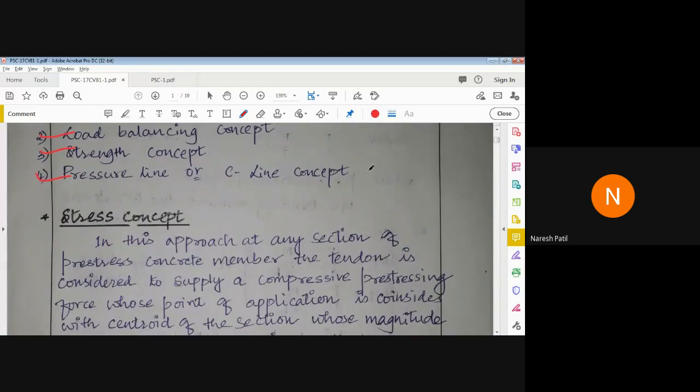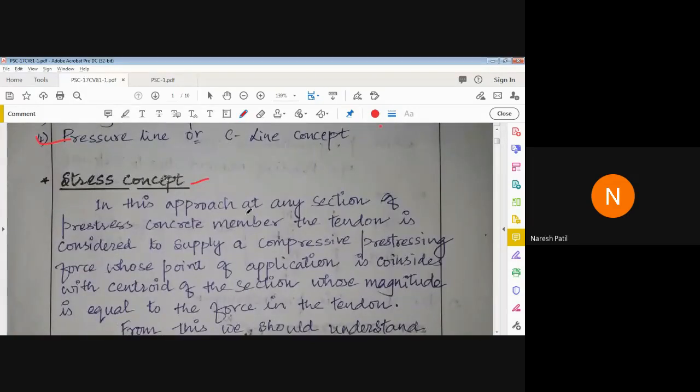I'll start with the stress concept first. So what is the stress concept?